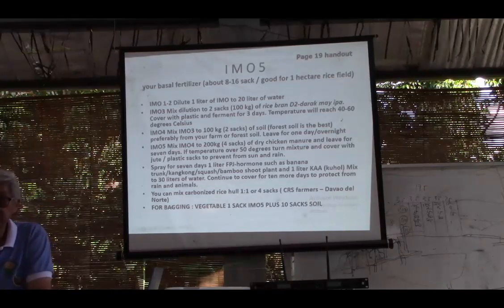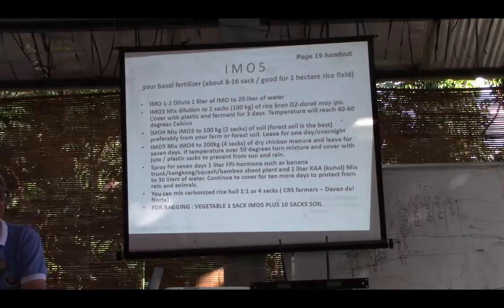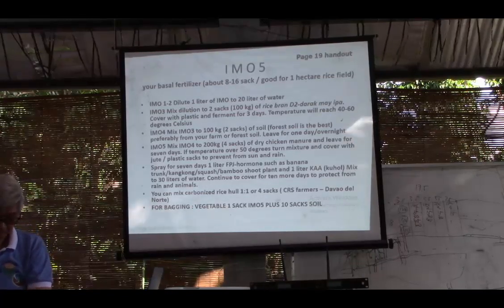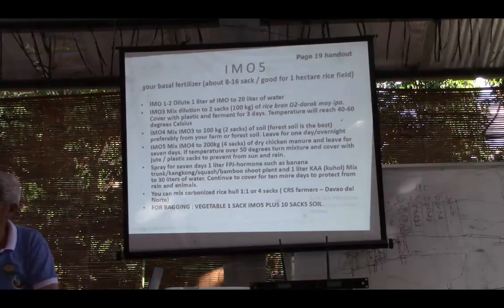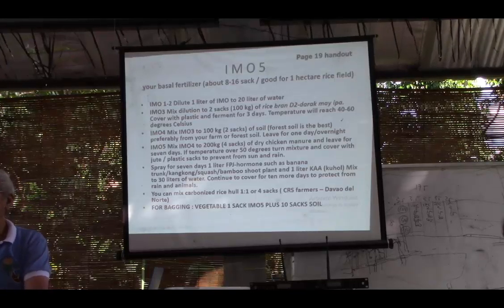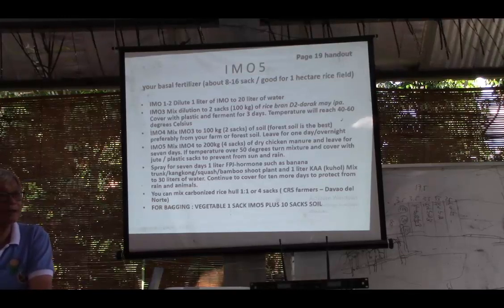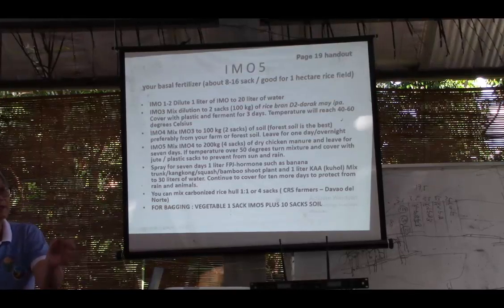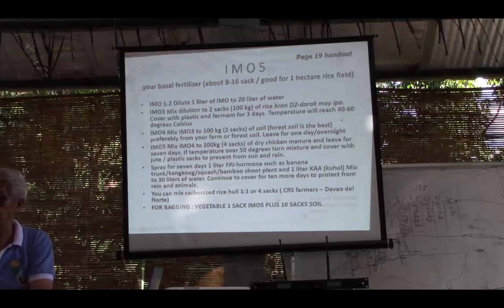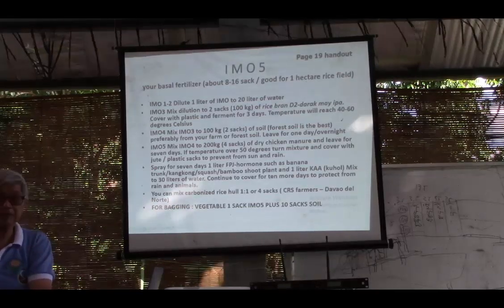Before we mix the manure, 1 liter of FPJ. This FPJ is good if you use kangkong, alokbate, kamote, talinum, and banana trunk. They are good. Okay, this is the FPJ.